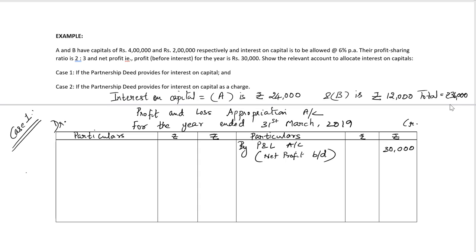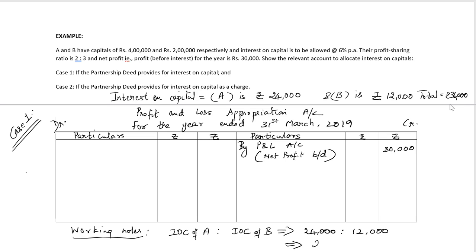The ratio in which we will allow this interest on capital, I'm writing the working note down at the bottom. Ratio of the IOC of A and B: IOC of A is to IOC of B, which in this case is 24,000 is to 12,000. In other words, it is 2 is to 1.